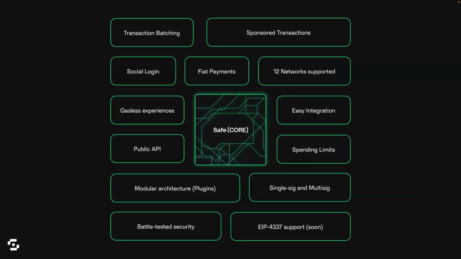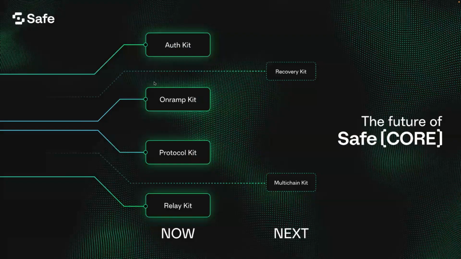And pretty much this is a combination of what Safe{Core} is about. Not only being a multi-sig, but as mentioned before, spending limits, easy integration, fiat payments, social login, public API. You can leverage all these different use cases via Safe{Core}. And at the moment, this is part of our SDK: on-ramp, authentication kit, relaying kit.